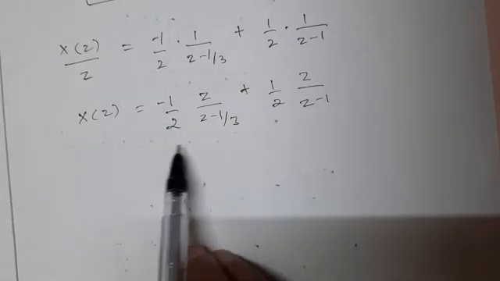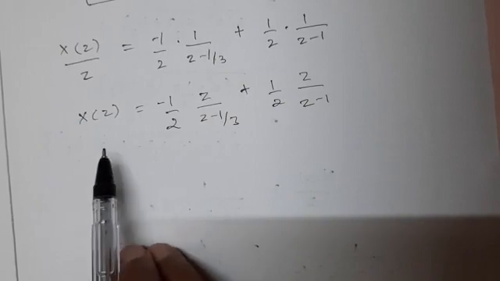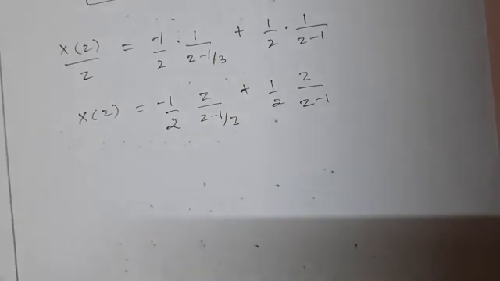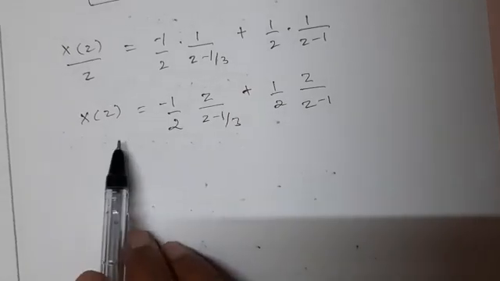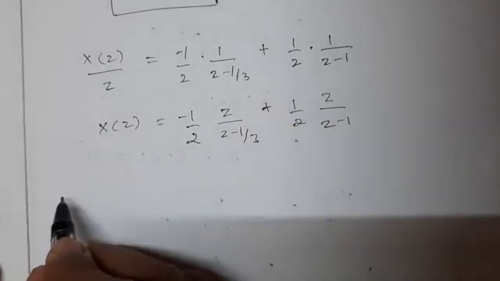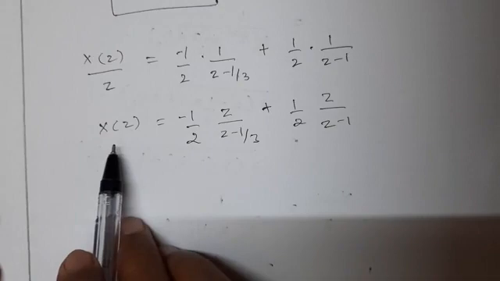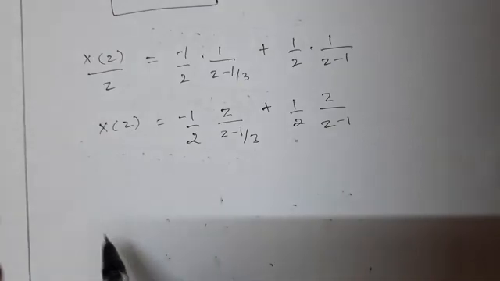For writing x(n) for a given X(z), you should know the region of convergence, that is whether it is right, left, or double sided. When you are asked to find the inverse Z transform, you will be given the ROC. You are asked to find the inverse Z transform of this for different ROCs.